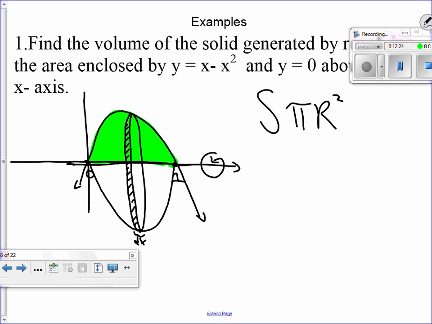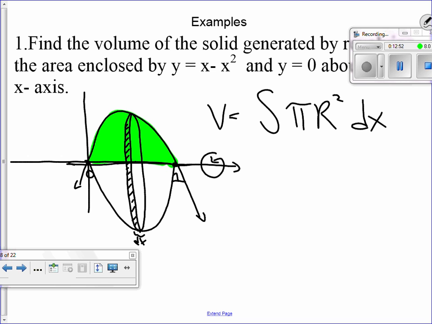For people who are worried, every time you revolve about the x-axis, the thickness will be dx. Whenever you revolve about the y-axis, the thickness will be dy. As long as you draw your slice perpendicular to the axis of rotation, you should see it. So we said dx. This is the volume of the whole solid.